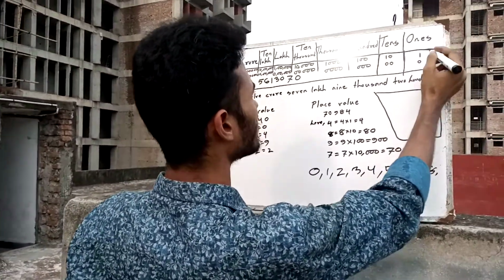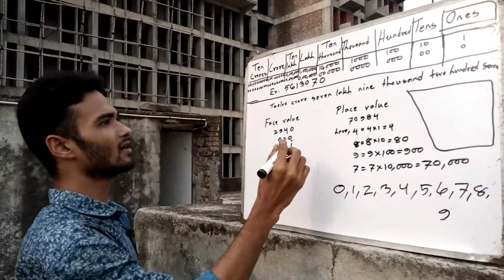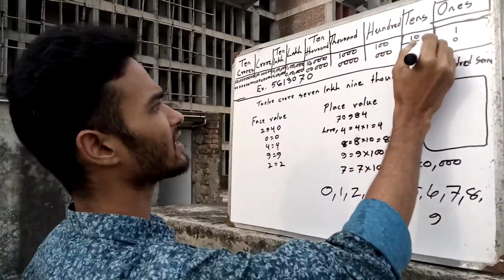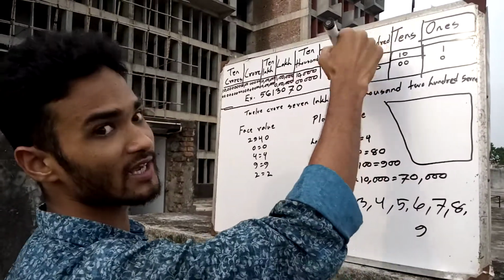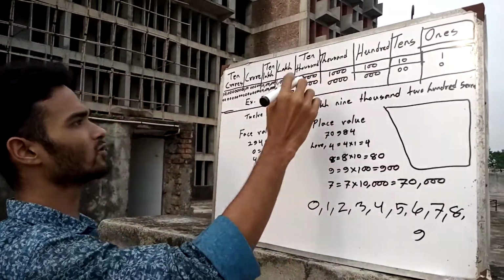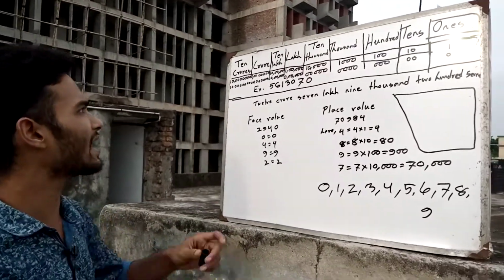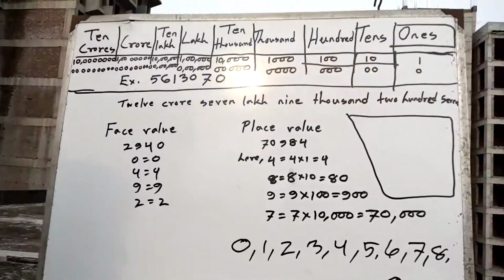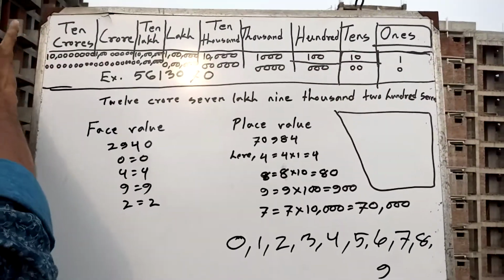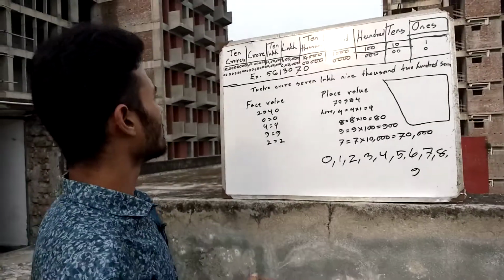The first is denoted as ones, the second as tens, the third as hundreds, the fourth as thousands, then ten thousands, then lakh, ten lakh, crore and ten crore. If you want to proceed further, you may include 100 crores and then 1000 crores.